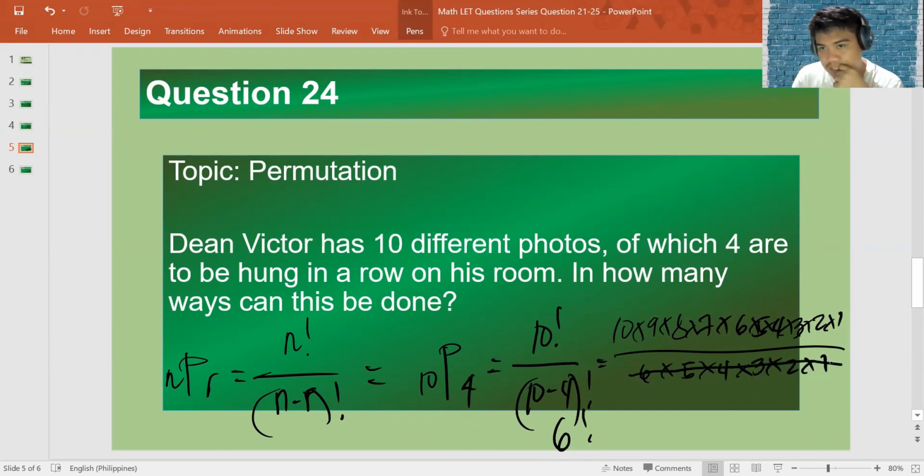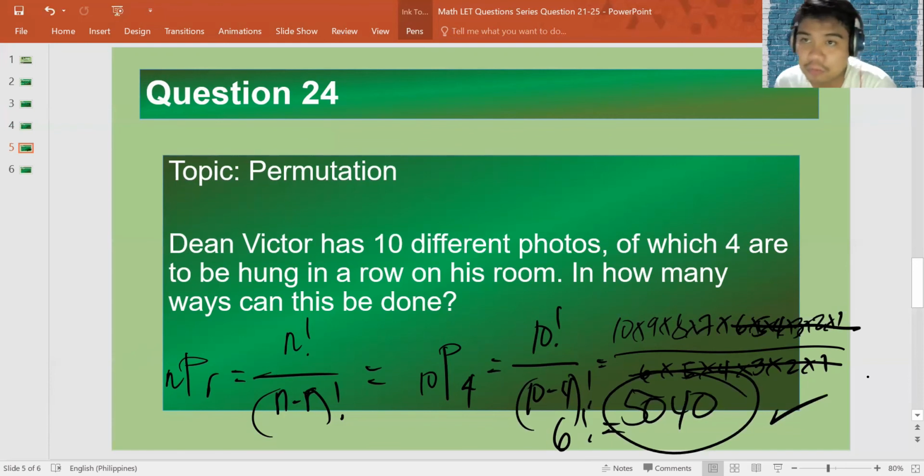We're going to cancel this, and then we're going to cancel that also. So we have 10 times 9 times 8 times 7. Yung natitira. So we have 5,040. So Dean has 5,040 ways para isabit mo yung apat na photo out of 10 dun sa wall.